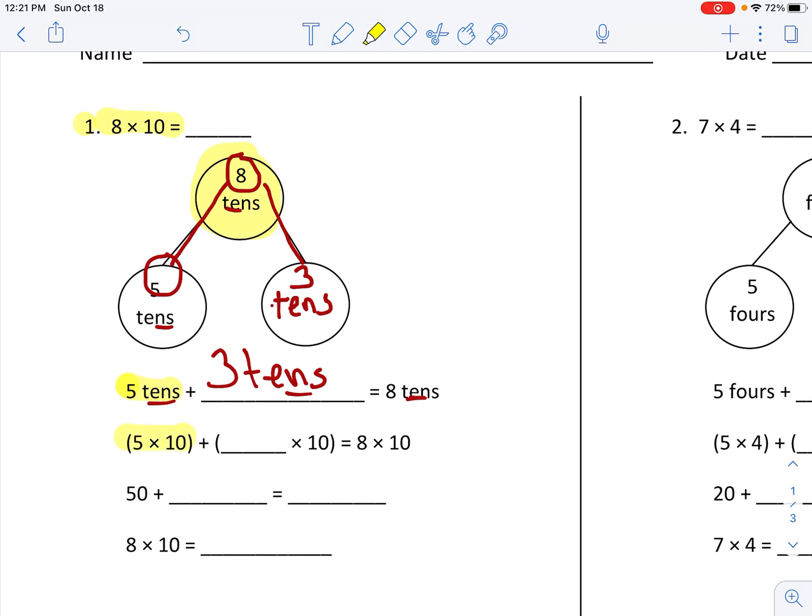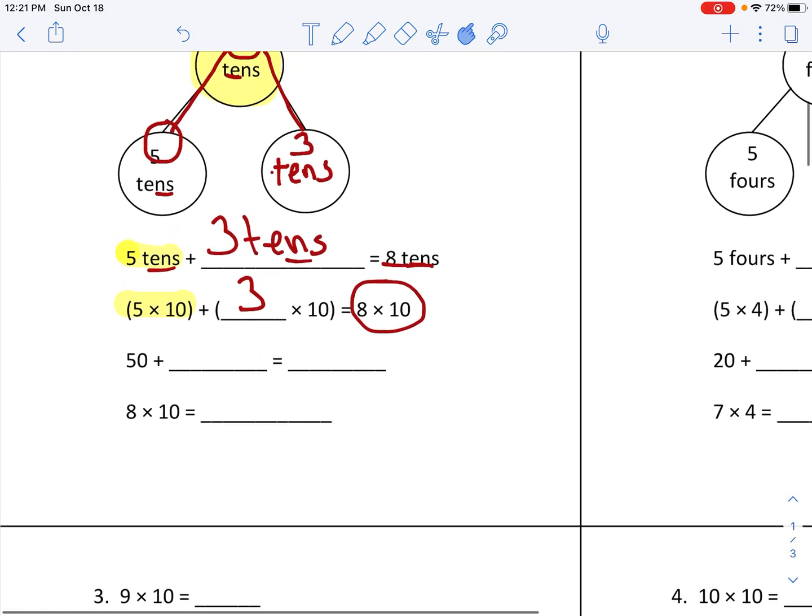So now if I skip down to the next row, 5 tens really means in math 5 groups of 10. So 3 tens means 3 groups of 10 or 3 times 10. And 8 tens means 8 groups of 10 or 8 times 10.